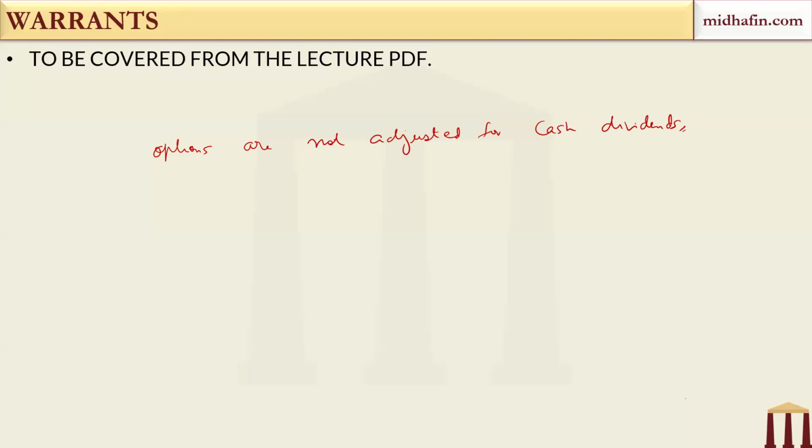And because of that, the call option prices and the put option prices will also change. But if we incorporate these minor changes in the option price, then it will become difficult to value the options and the option valuation model will become more complex. That's why we do not adjust the options for cash dividends, so that the valuation model does not become very complex. That is the statement.